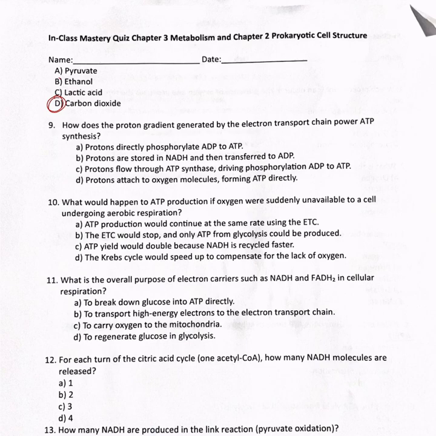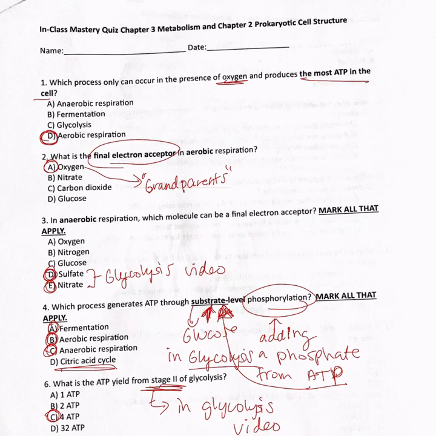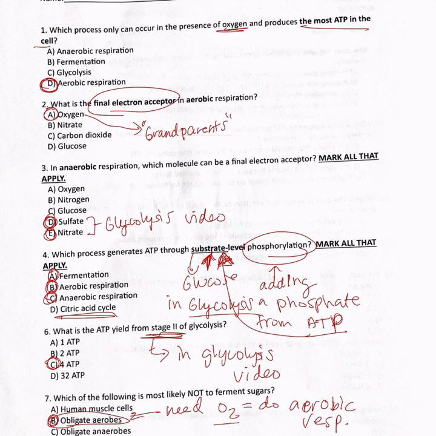The only product of glycolysis is pyruvate. So all of these are not products of just glycolysis, which means the answer to this one is multiple answers. This should have been mark all that apply.